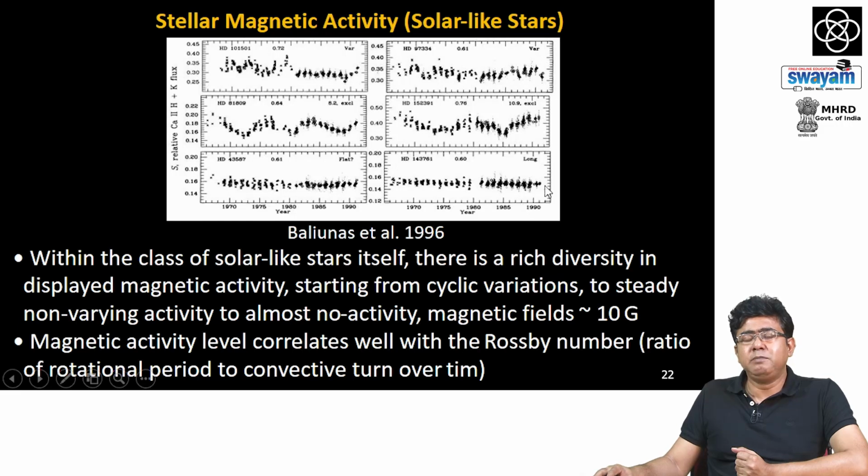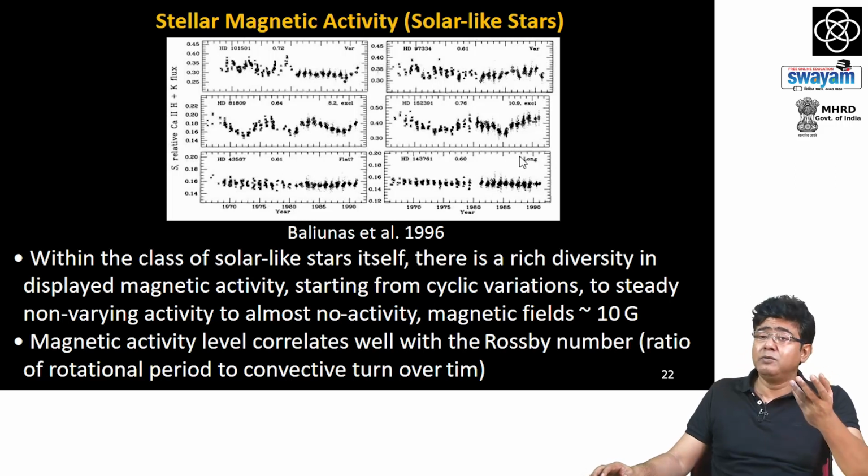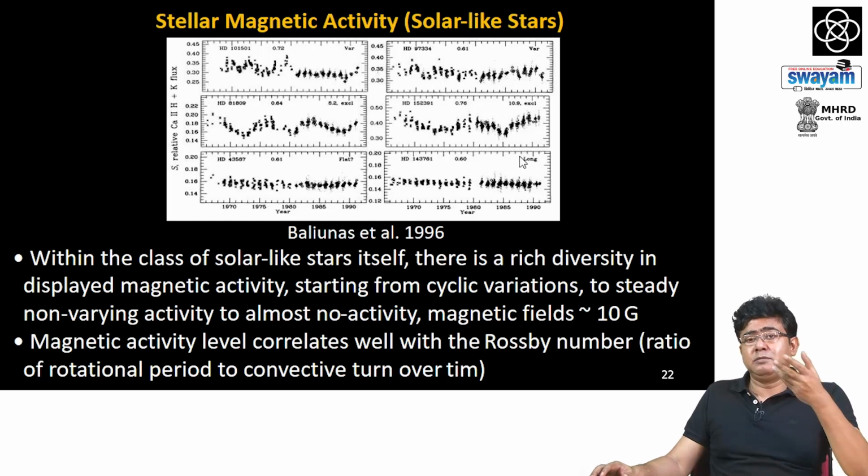The stars in the middle panel are like the sun, whereas the ones in the top panel, which are very highly active but very irregular with no regularity or periodicity in their activity, are very fast rotators. Typically fast rotators, or the sun when it was young and rotating much faster than its current stage, produce much stronger magnetic output. Stars which rotate like the sun are more moderate, and when they slow down, the magnetic activity levels fall even further.